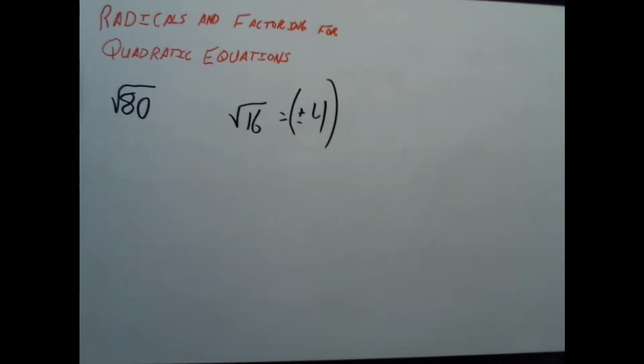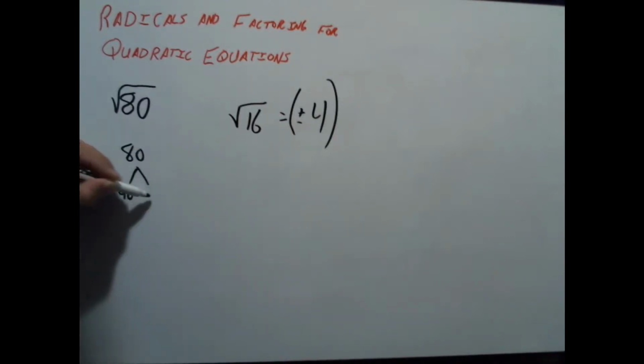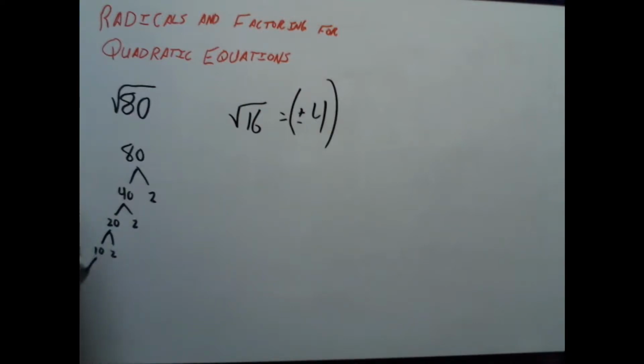For instance, if I want to break down 80, I can say 80 would break down into 40 times 2. 40 would break down into 20 times 2. 20 would break down to 10 times 2. 10 breaks down into 5 times 2.